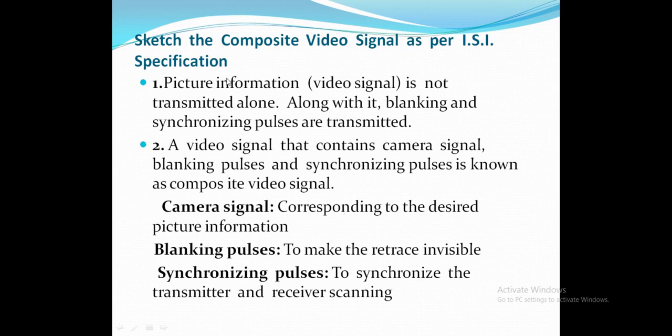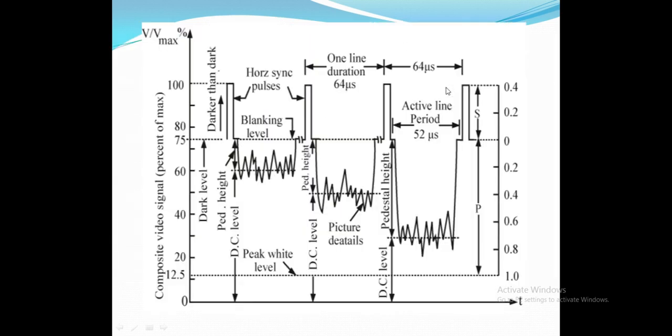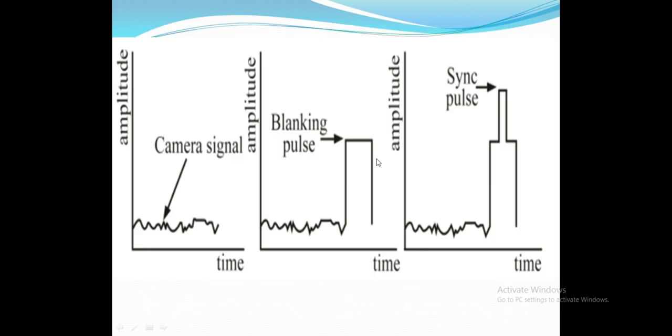Okay. Next, the composite video signal as per ISI specification. This is the diagram of the composite video signal as per ISI specification. In it we see the details of three different lines from different frames as a composite video signal. The different pulses in it we have already discussed in the previous class.